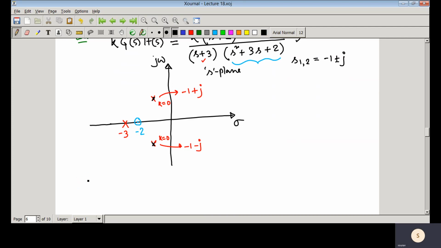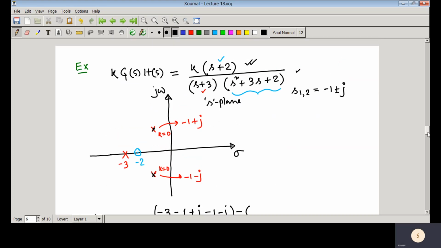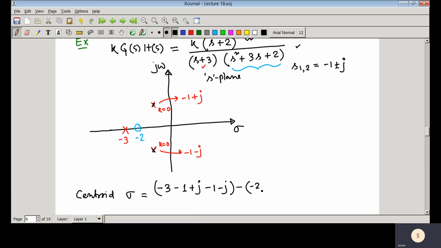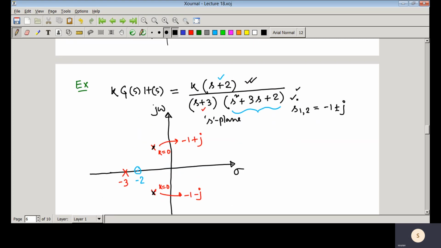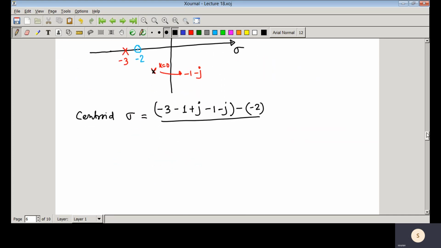the centroid sigma. The summation of open loop poles is minus 3, minus 1 plus j and minus 1 minus j, and the finite zero is at minus 2. Here you can see that you have 3 finite poles and 1 zero, so that is 3 minus 1.